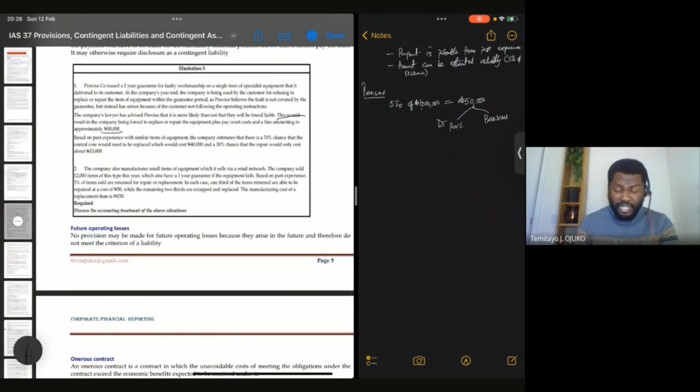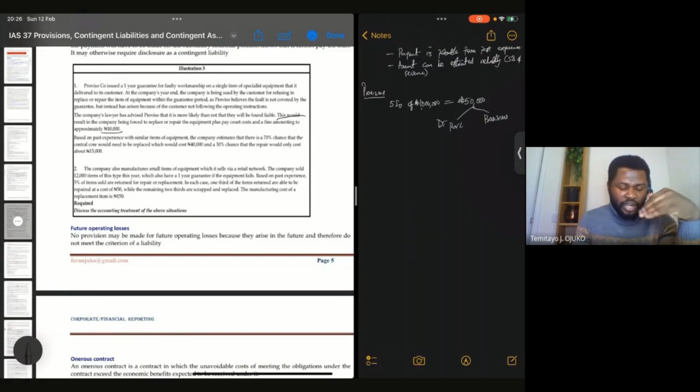Now, let's just look at them one by one, then we can sort it out. The first one, we're told that there's a compulsory amount that will be paid as fine, 10,000 naira. Now, when I was talking about these whole measurements earlier, I said some are one-off, while some are probability weighted. A typical example of the one-off is what we've looked at in our other questions, and this 10,000 naira is actually a one-off payment.